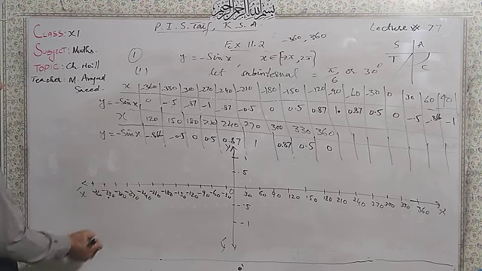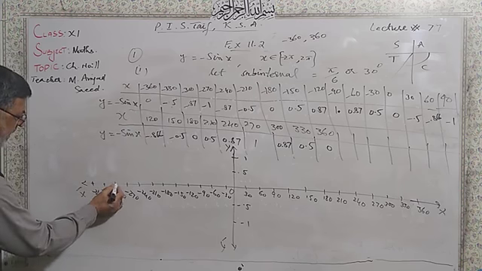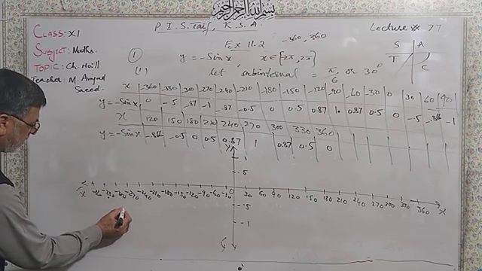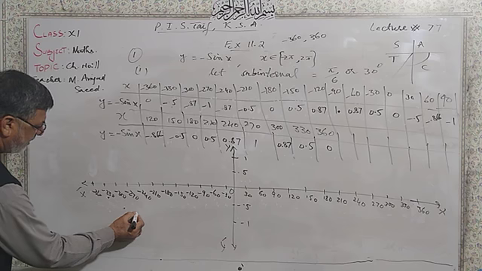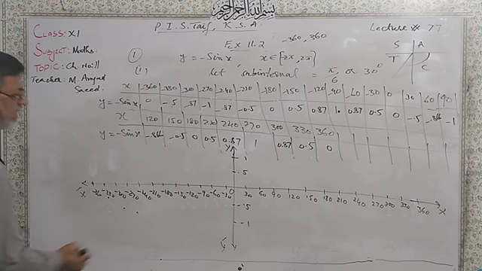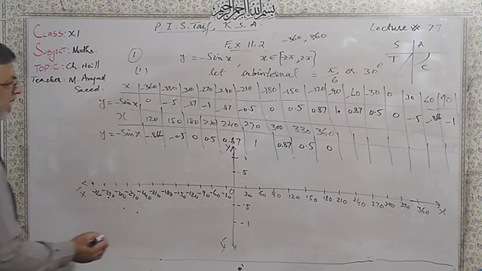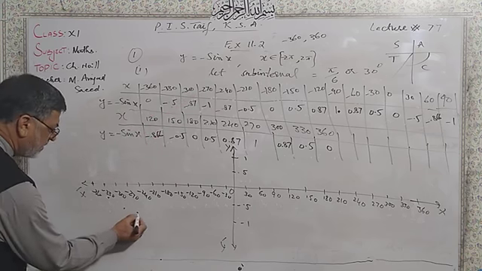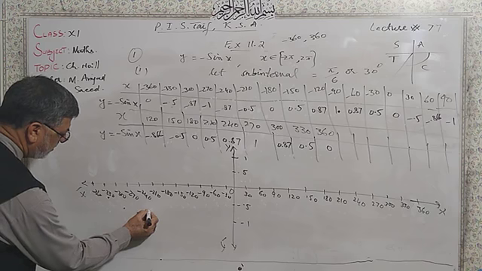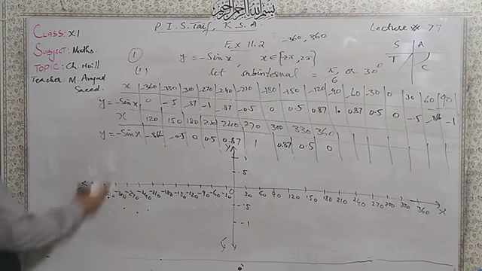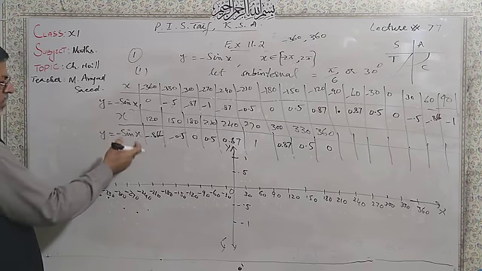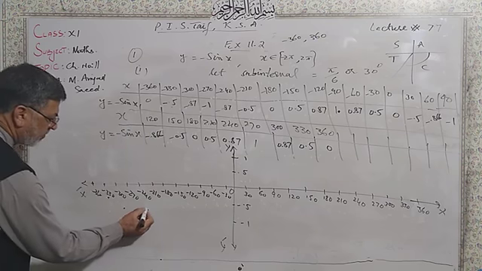Minus 300, minus 0.87, actually minus 0.9, and minus 270 is minus 1. Then minus 240 is minus 0.866, actually minus 0.9 you can say.